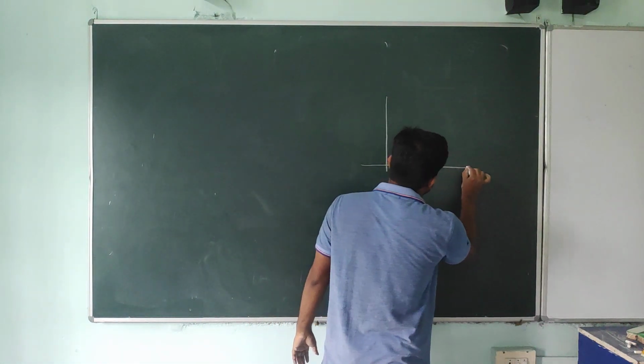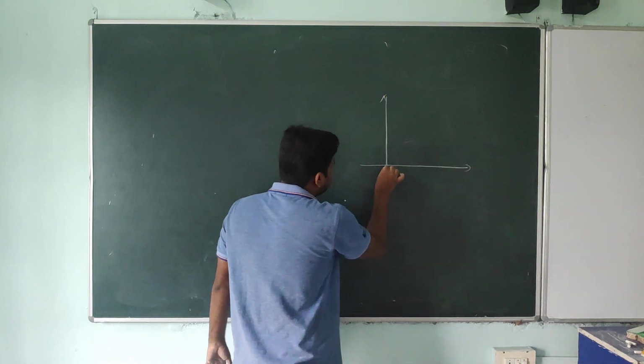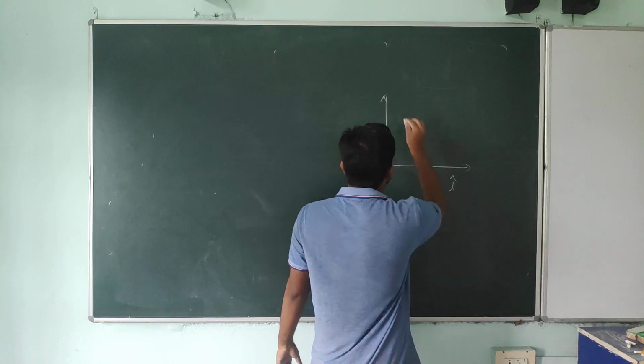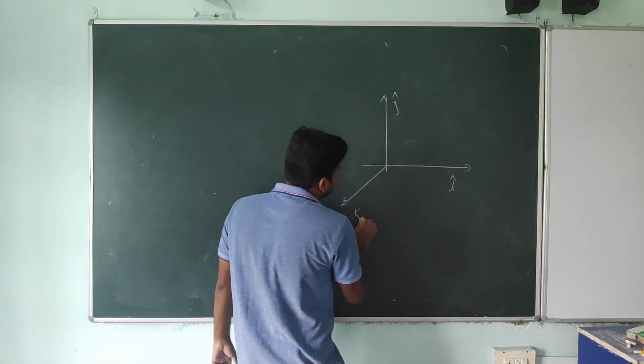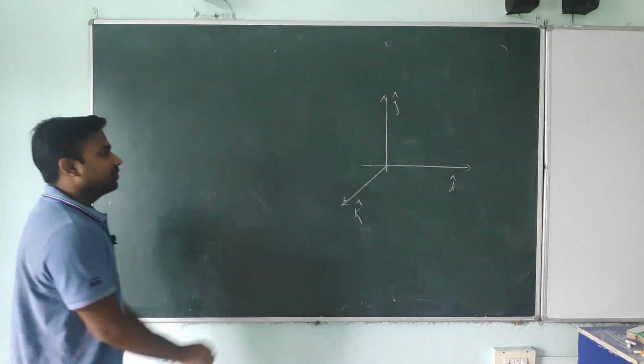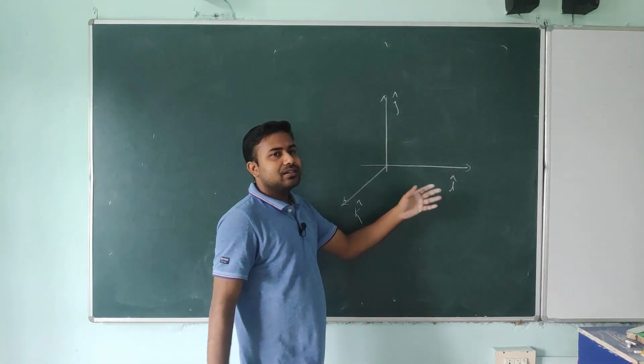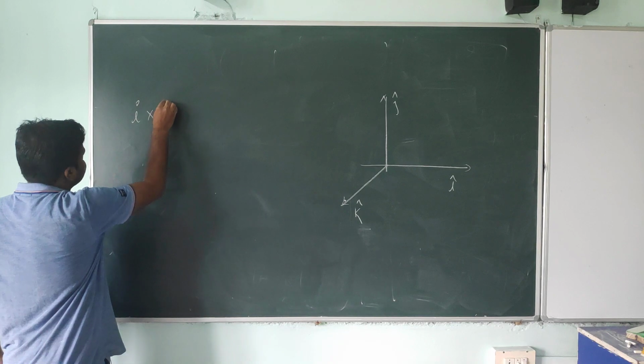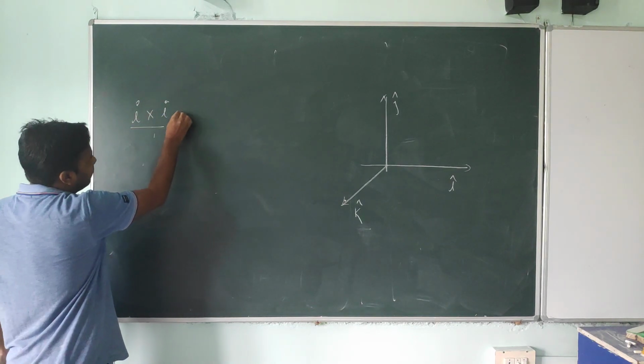Now I am going to take the cross product of unit vectors. Look at this, I vector, J vector and K vector. Now we will take the cross product. First I am taking the cross product I cross I. If you take I cross I, what will you get?